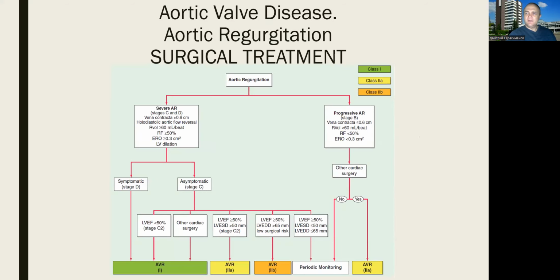This is the algorithm of surgical approach in aortic valve disease treatment. So you can see here when aortic valve replacement is indicated, and when sometimes we prefer periodic monitoring.